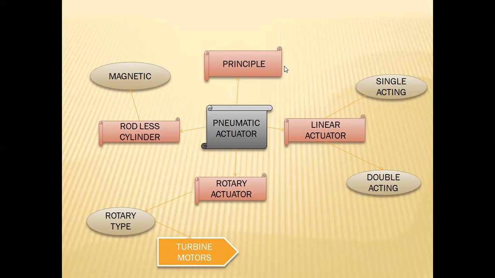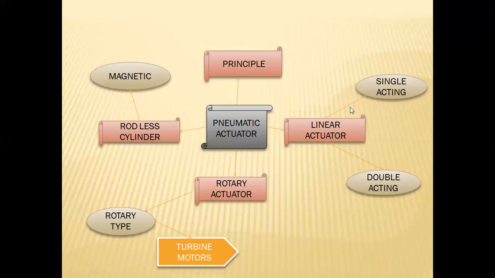The basic principle of the pneumatic actuator is the utilization of air supply. Indeed, to commence the rod cylinder movement, when magnetic sensors are used, you need to have linear motion.